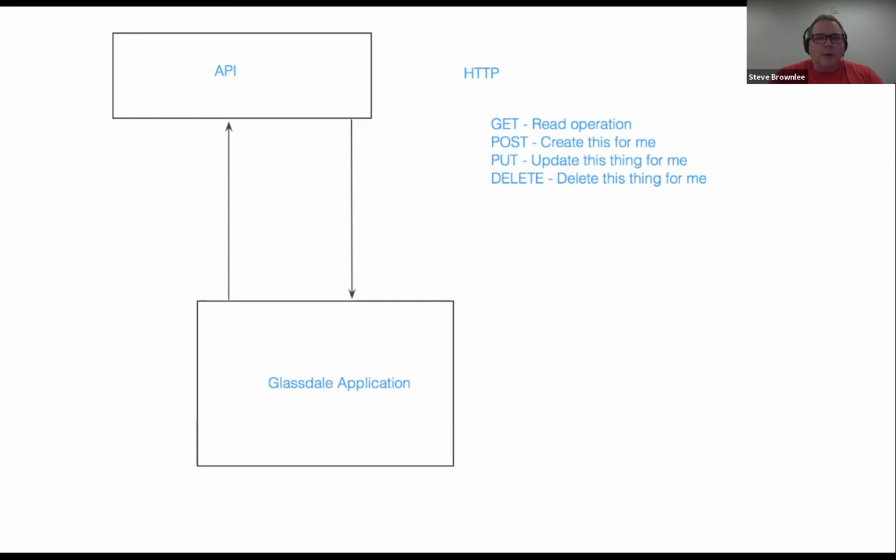So what we're going to be going over today is the C operation. We're going to be using POST to create new things based off of user information. So the Glassdale application is going to POST something to the API, and then after that has successfully happened, it will immediately then GET all the new things, right?